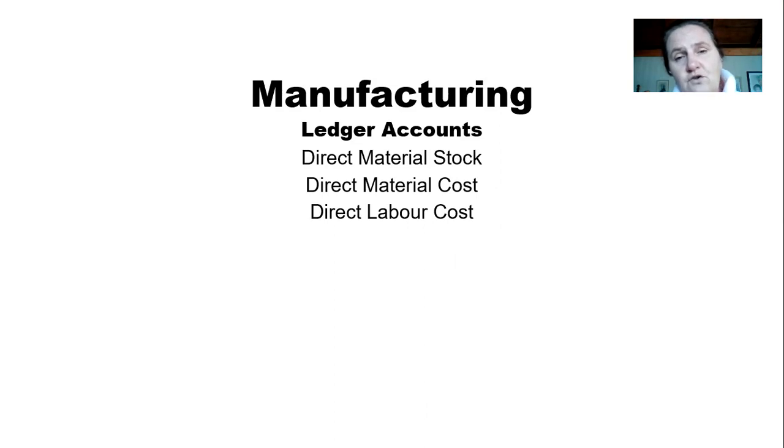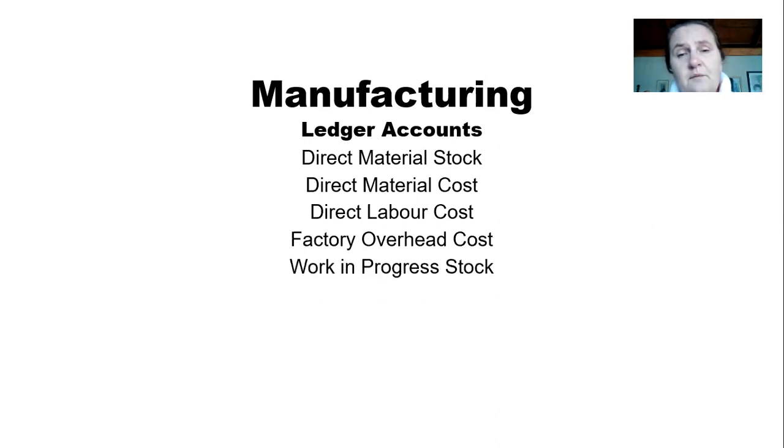Those two we need to add my factory overhead costs to, so that I can deduce the cost of the manufacturing process directly. That is done in my work in progress stock account. So I'm going to have opening stock and closing stock, and we're going to add the costs that we just included, and that difference will be how much it costs to manufacture the finished goods.